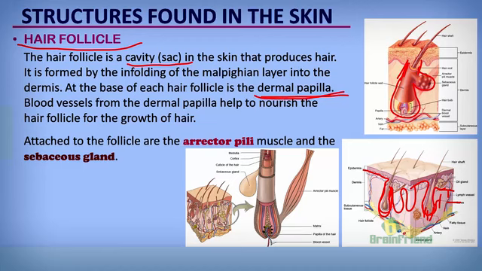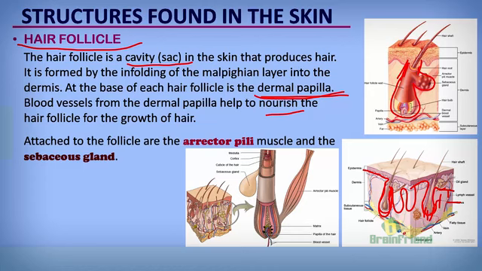The dermal papilla, as we described in our previous lesson, is filled with a network of blood vessels and nerves. We said nutrients and oxygen from this network of blood vessels diffuse from some part of the dermis into the part of the epidermis close to the dermal papilla. So these blood vessels help to transport nutrients and oxygen through diffusion to those parts of the epidermis.